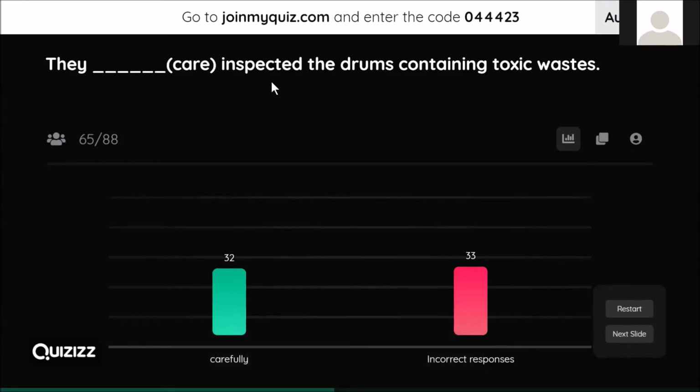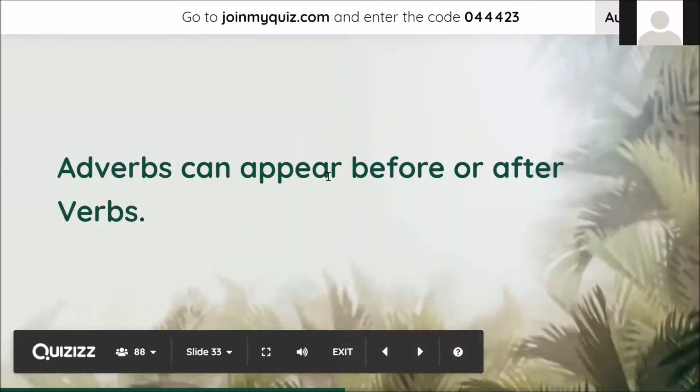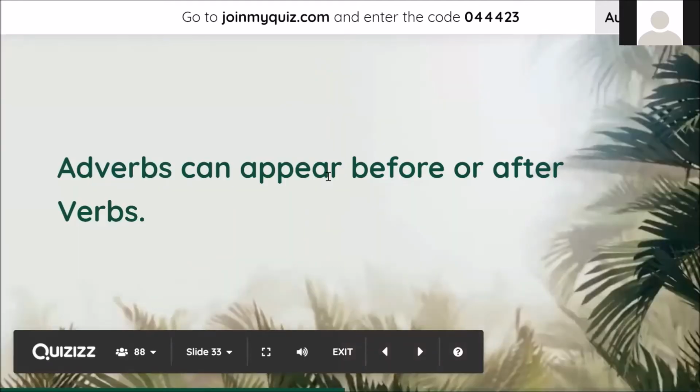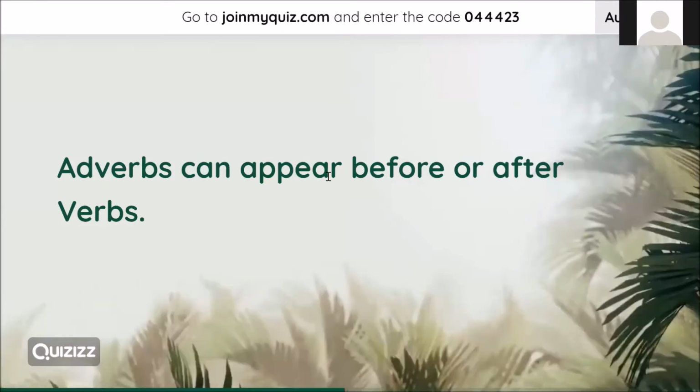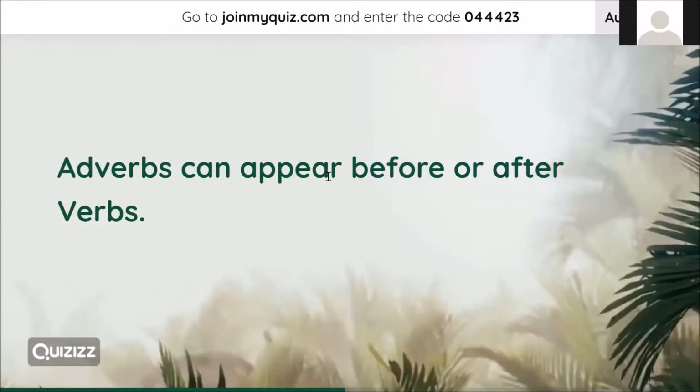So adverb, you change care, careful, carefully. Okay. So adverbs can appear before or after the verb，在动词前面还是后面。So they inspected, they carefully inspected.